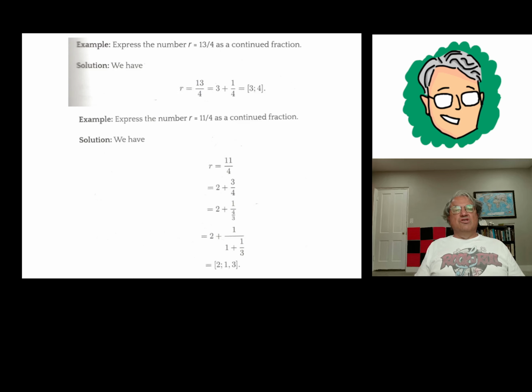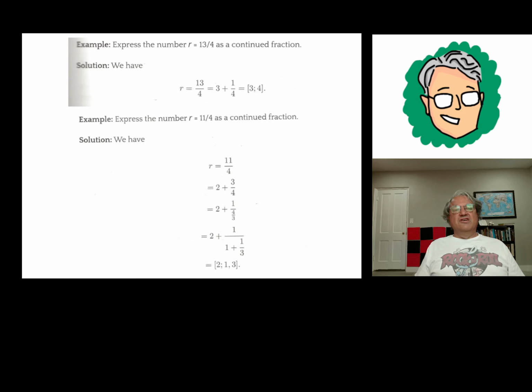So let's do a little more complicated example. How about 11 over 4? Well, this one's a little bit harder, but not too much. Do the same thing, calculate the quotient and remainder. 11 divided by 4 gives you a quotient of 2 and a remainder of 3. So we can write 11 over 4 as 2 plus 3 over 4.